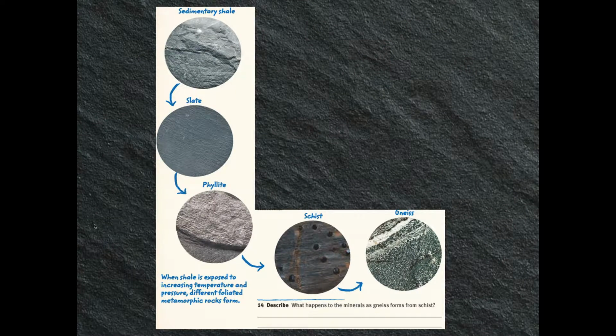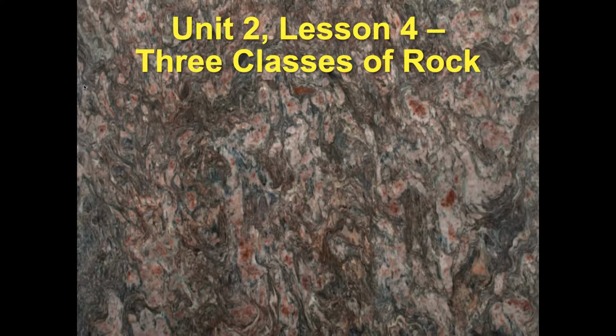When shale is exposed to increasing temperature and pressure, different foliated rocks form. We start at the top with sedimentary shale, and then it takes us through all of the steps. As it says, the minerals recrystallize, they become different crystals, and they ultimately end up in distinct bands.